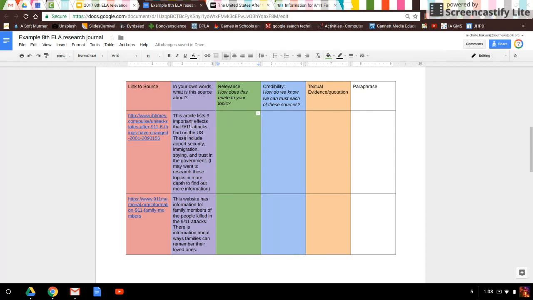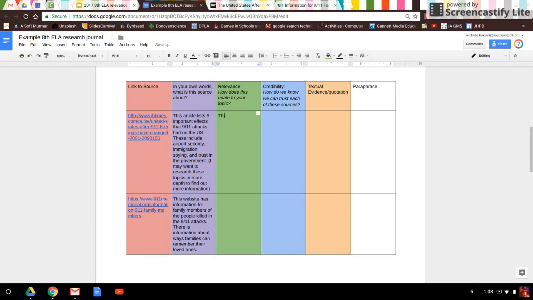And so as I look at this, here's right from my summary, it says effects of the 9/11 attacks. One of the effects is airport security. Another one of those is immigration. Those are both directly related to security. So as I think about this, the fact that this article talks about airport security, the fact that this article talks about immigration, the fact that it highlights 6 important effects of things that happened after 9/11, this article would be relevant.